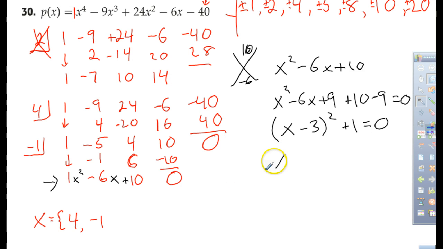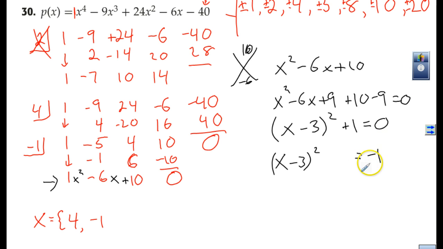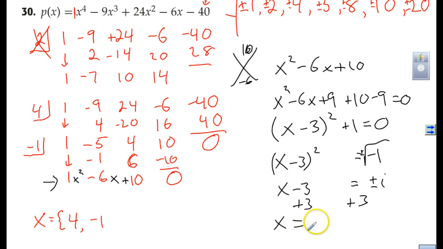And I can see here that we have an imaginary answer because I got a negative over here. Square root both sides, I'll get plus or minus i. Right, square root of negative 1 is i. And then add 3 to both sides. So my last two roots are going to be 3 plus i and 3 minus i.